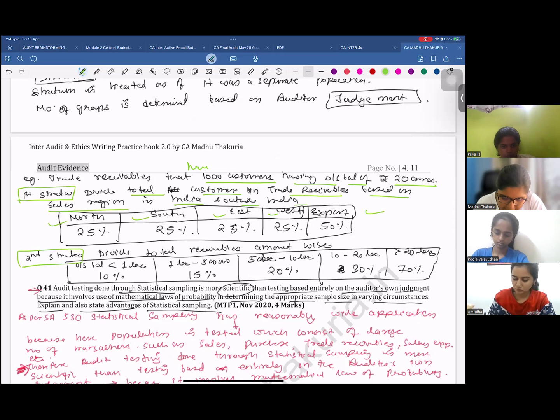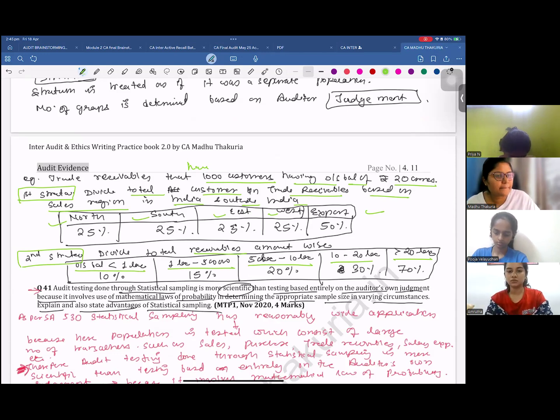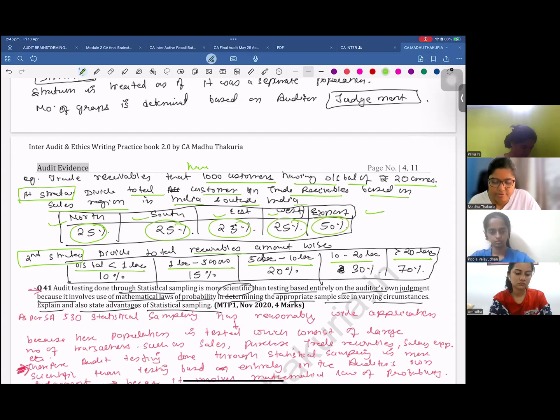In the second strata, I can divide the total receivable into outstanding balance less than 1 lakh, 1 lakh to 5 lakh, 5 lakh to 10 lakh, 10 lakh to 20 lakh, and more than 20 lakh. Then I can select 25% of the items from north, 25% from south, 25% from east, west, and 50% for export. Similarly, I can do it in my second strata as well. Can you please write it along with the example?